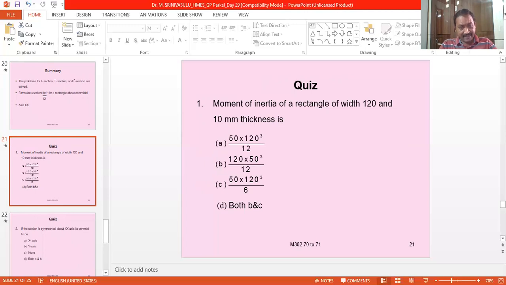So in the present case, Ixx is equal to bd^3 by 12. Here b is given as 120 and d is given as 50. So 120 into 50 cube by 12. So the answer is the option B, bd^3 by 12.